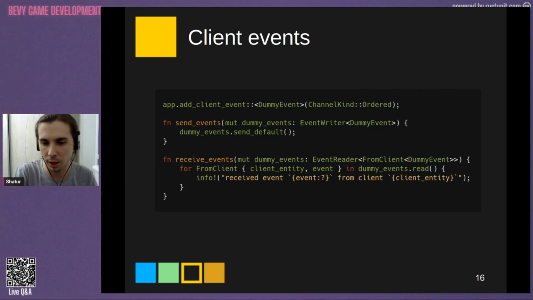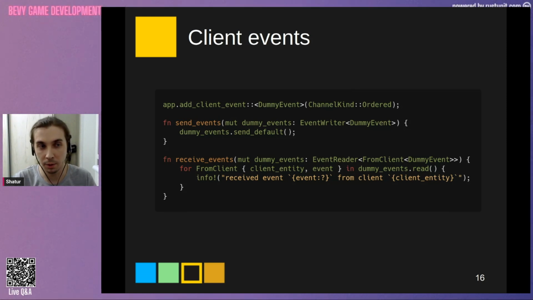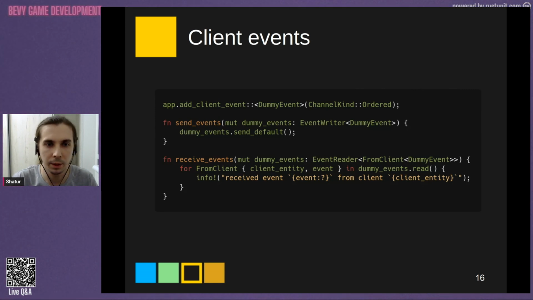And since replication happens only from server to client, we want some way for the client to interact with the server. So basically, we have remote events. Events that are sent from client to server are called client events, and the API is quite simple. You just register a client event like this, and you just send an event as usual, like this.